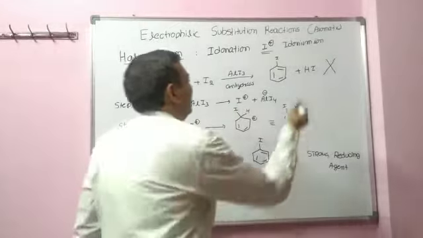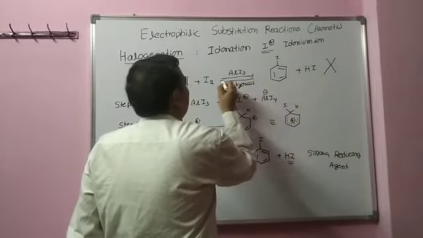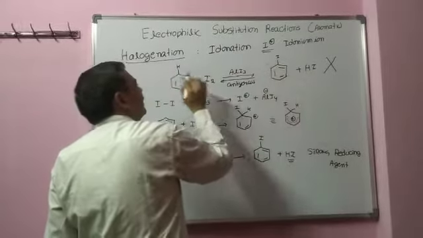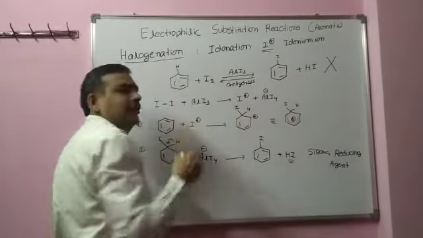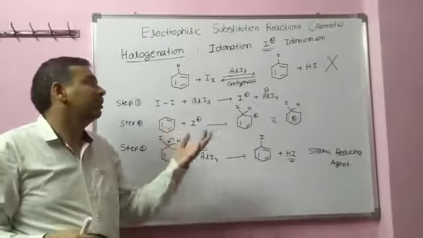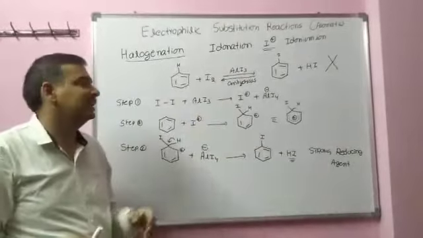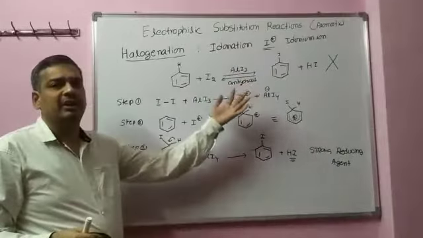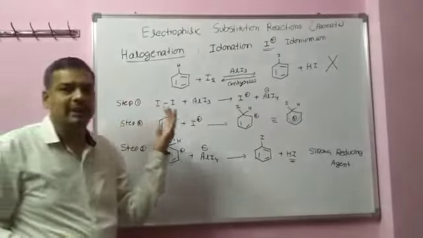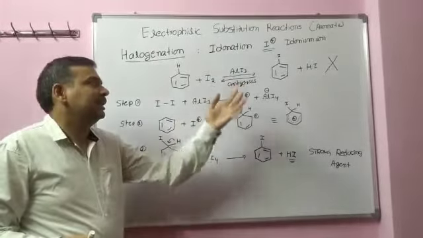That's why the backward reaction is always favored when compared to the forward reaction. That is the reason we won't get iodobenzene. Once iodobenzene is formed, it is immediately converted back into benzene because of the HI.